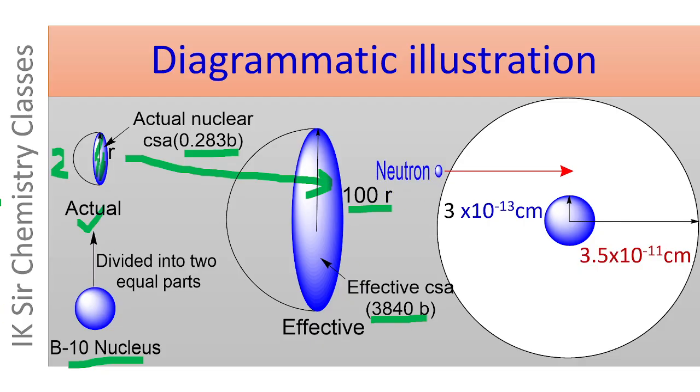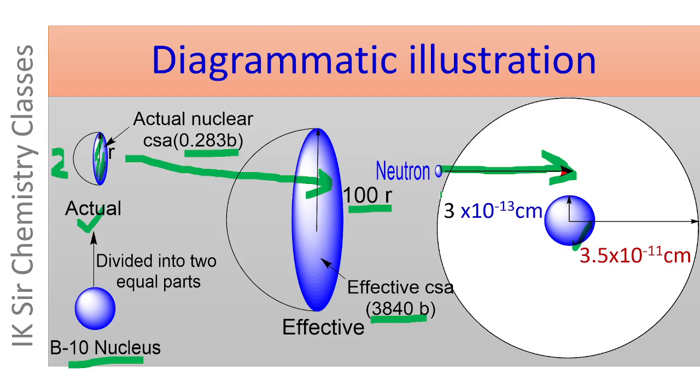Let a neutron travel in this direction. This neutron is not expected to be captured by this nucleus because its path is away from the nucleus. But according to de Broglie theory, any small particle moving at high velocity is associated with a wave, which is called matter wave.